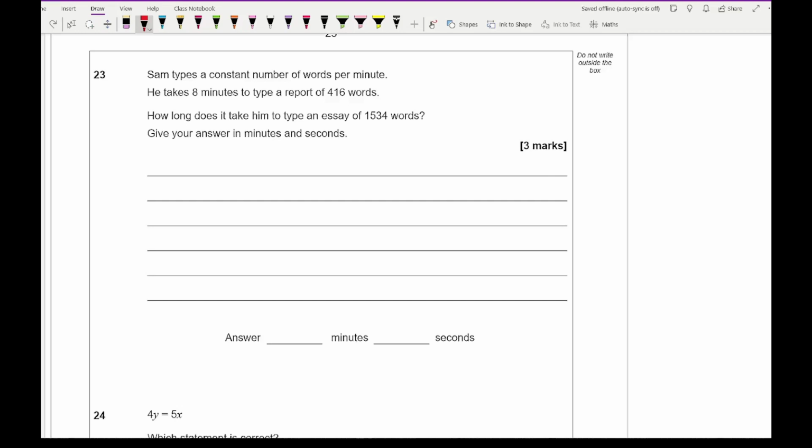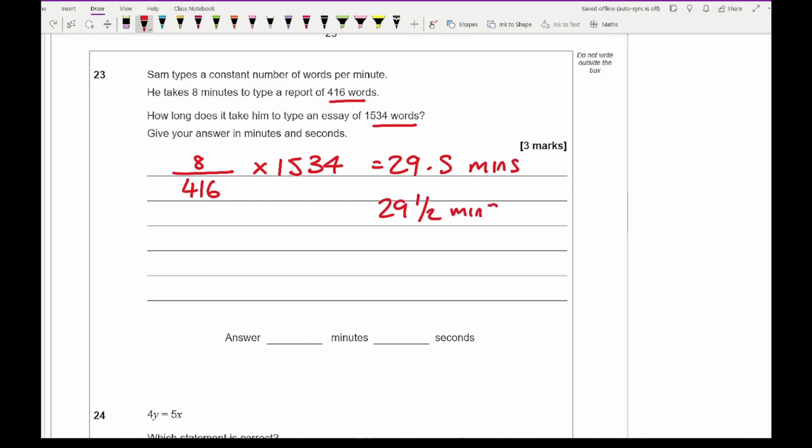So for this, because we want the words, and that's the units that we're going to go for, we do 8 divided by 416 to see how long it takes to write one word. And then if I multiply that by 1,534, it comes up to an answer of 29.5 minutes. Now that is 29.5 minutes, and that in minutes and seconds is 29 minutes and 30 seconds.